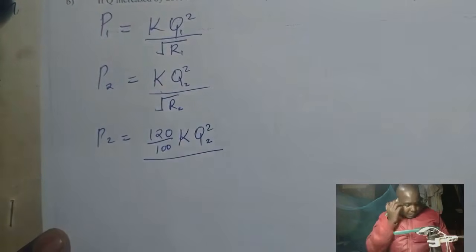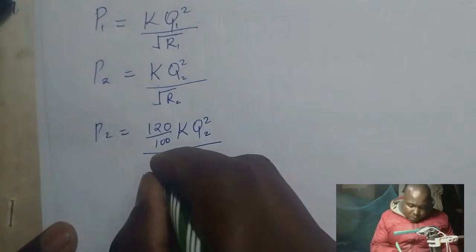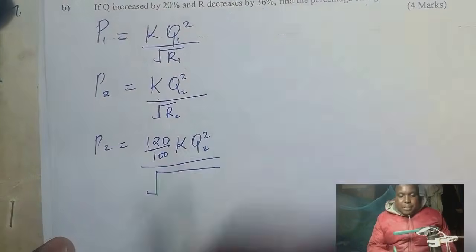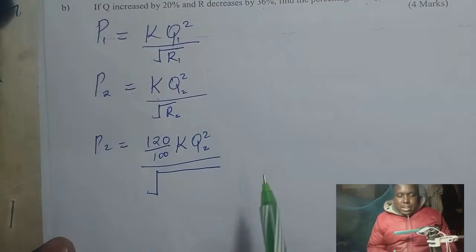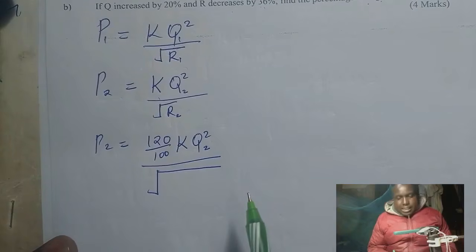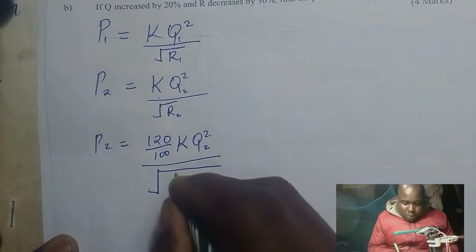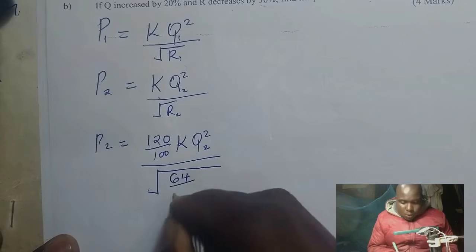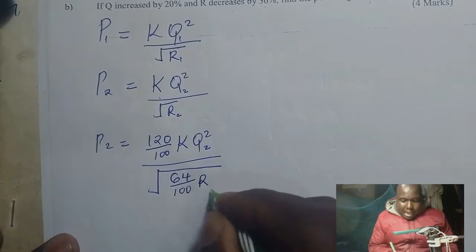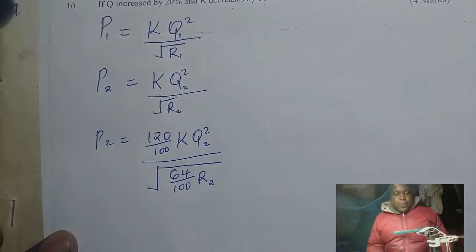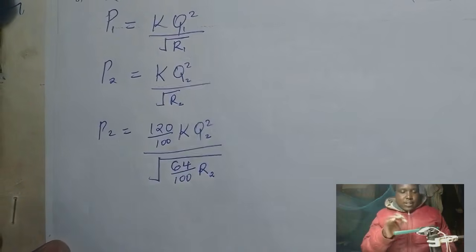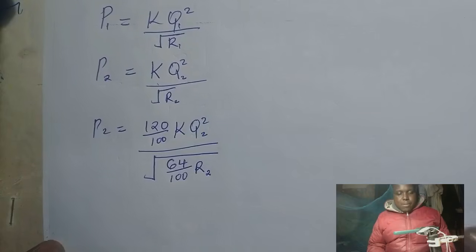We divide by the square root. R was decreased by 36%. So when you decrease by 36%, that is 100 minus 36, that is 64 over 100. So we are going to have 64 over 100 R2. Yes, that's what we are going to have.